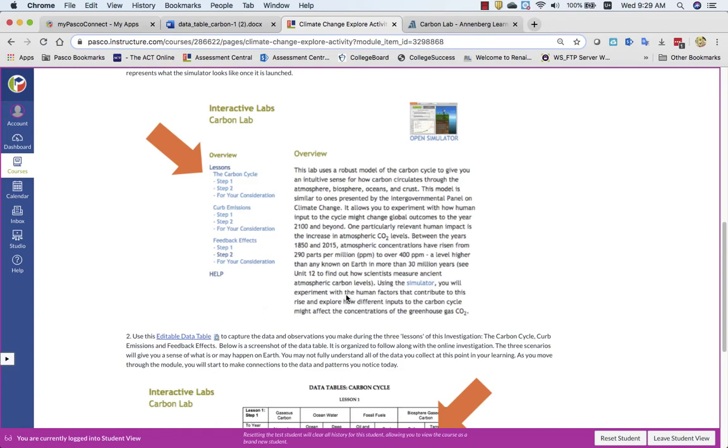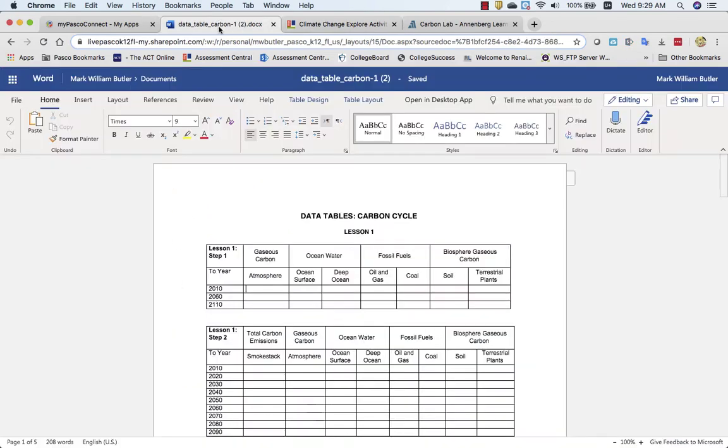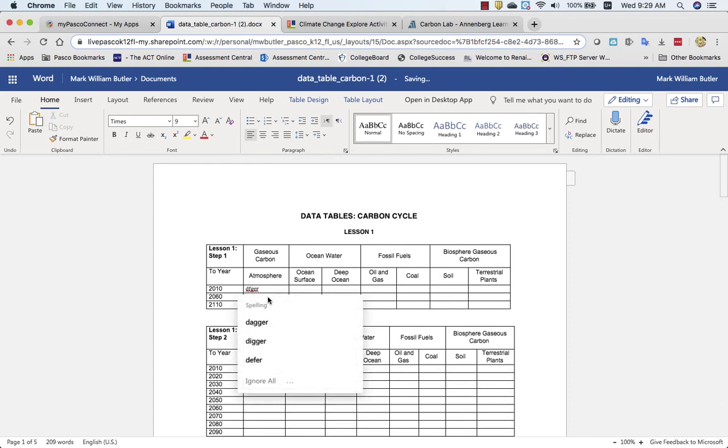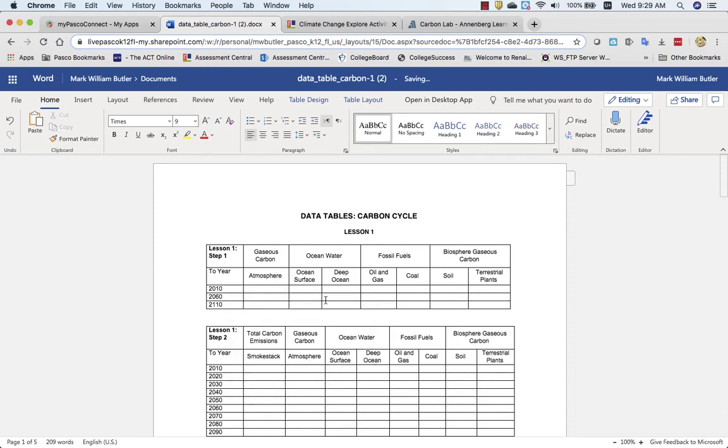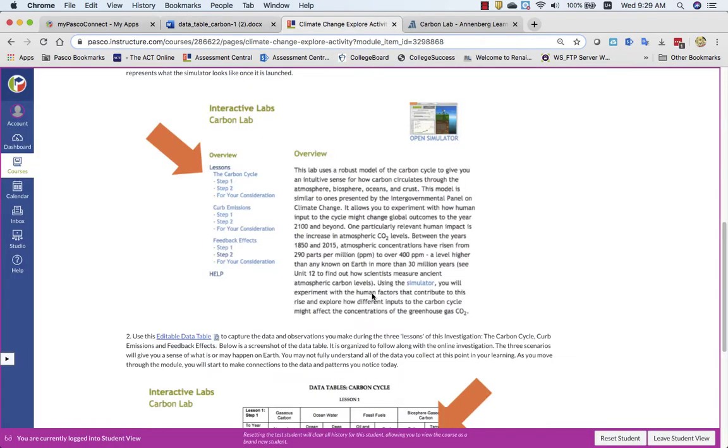You can click on it really anywhere. It's a Word document, so you'll open it up in your Office 365, and I have already done that right here. So here's our data table, and you can enter in values as we go through the lab. Pretty straightforward as far as that is concerned.